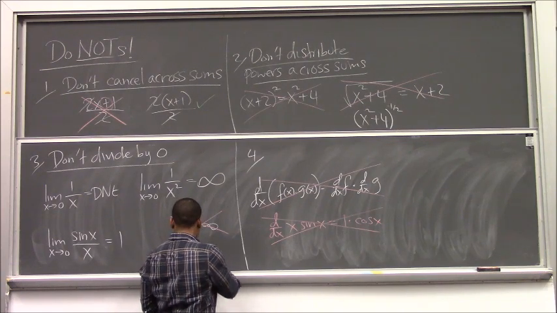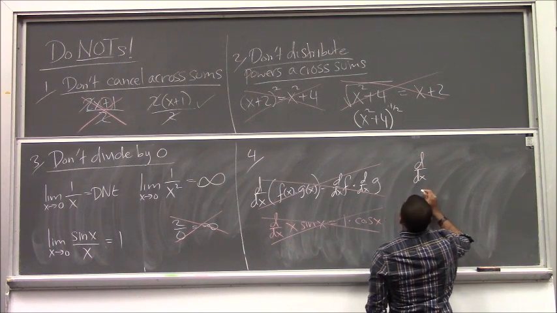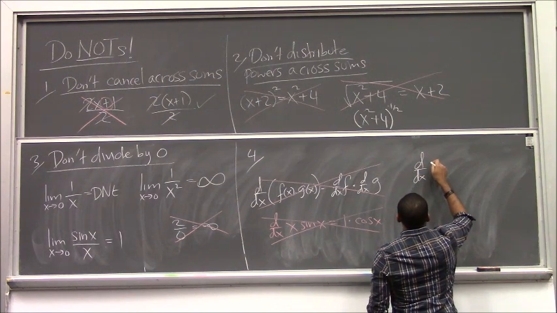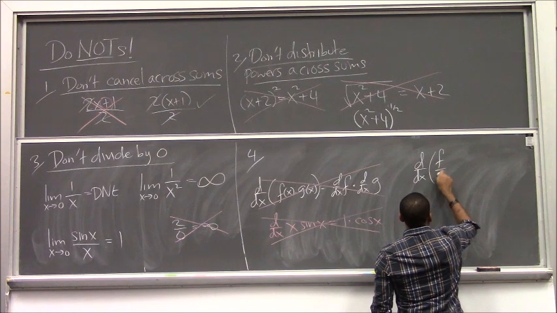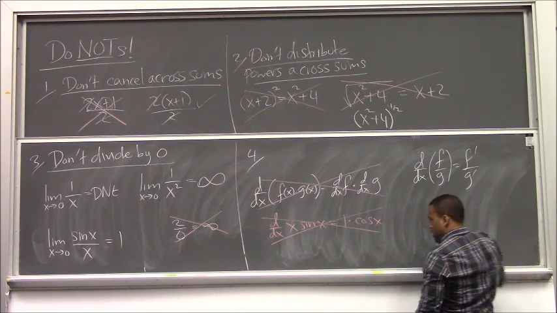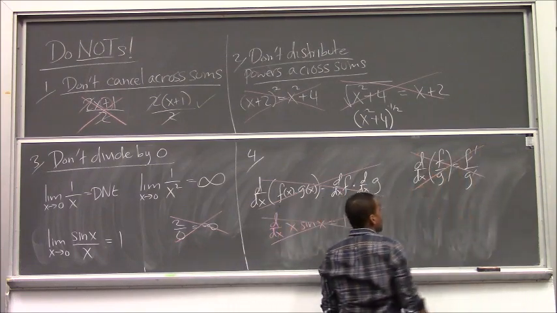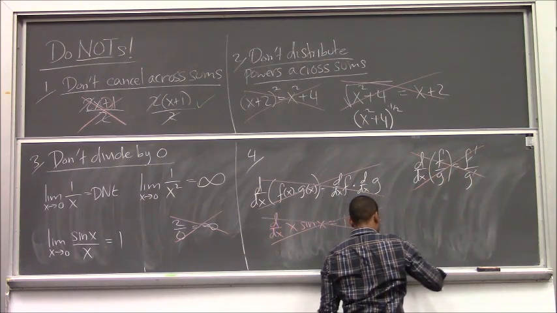You should also not think that the derivative of a division is just differentiate the top, differentiate the bottom. That is incorrect. There's a whole quotient rule. What does the quotient rule say?